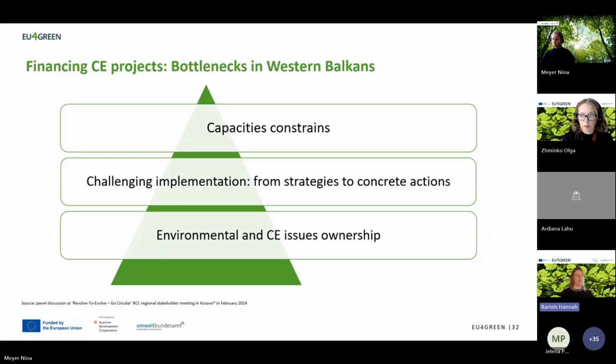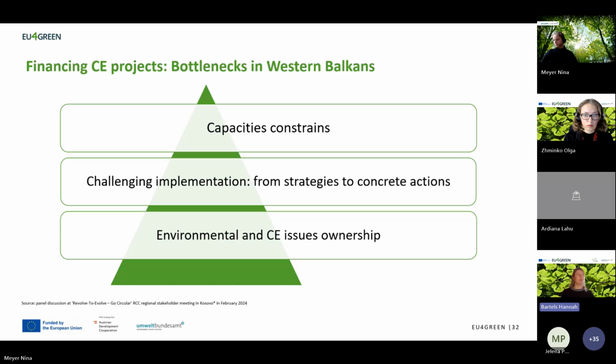There it's necessary that we develop policies, regulations, but also standards that can be held accountable in the context of project implementation. And finally, it was also identified that ownership around issues related to the environment in CE is still not as strong as it should be in order to really foster the uptake of CE activities, but also the financing for it.